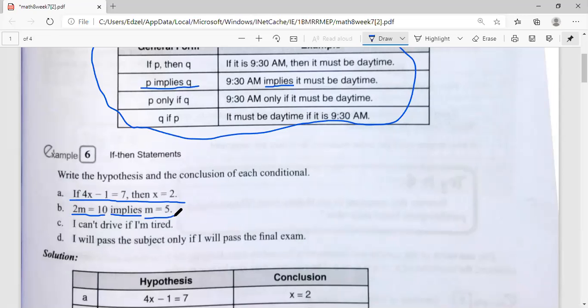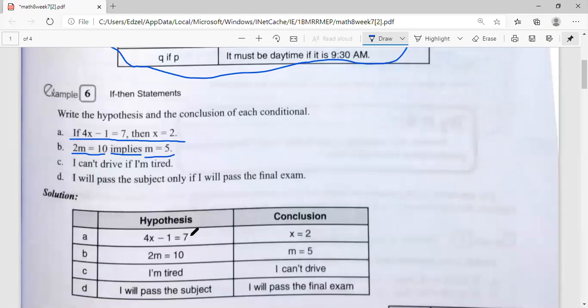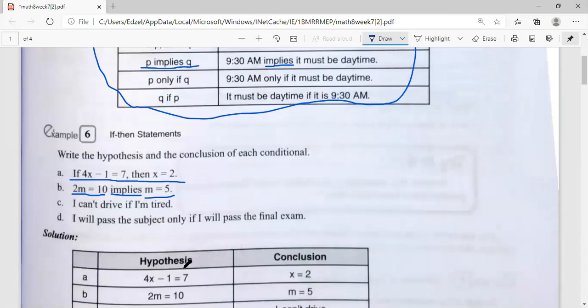And in our table, if we categorize, 2m is equal to 10 is the hypothesis in this statement, and m is equal to 5 is our conclusion.